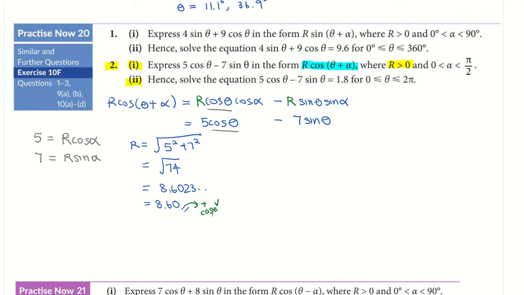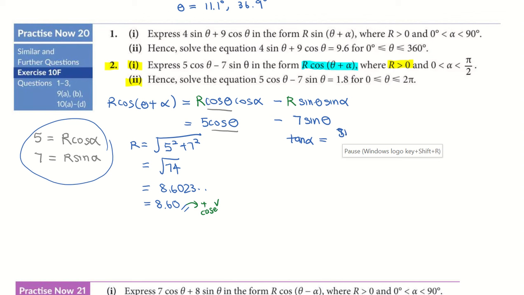Okay, then we continue. We will use the tangent alpha. How do we get tangent alpha? Based on what we have here, this is actually your working. How can we get tangent alpha? Good, 7 over 5.